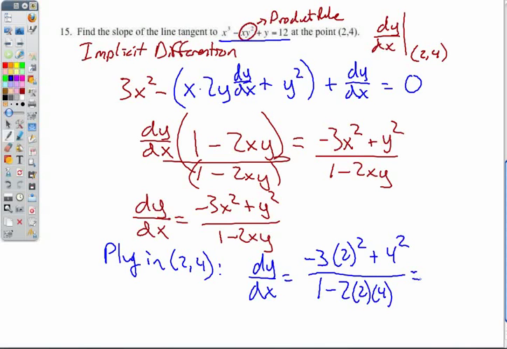In the numerator, that then leaves us with, let's see, positive 4. In the denominator, we'll get a negative 15, which leaves us with negative 4/15 as our final answer.